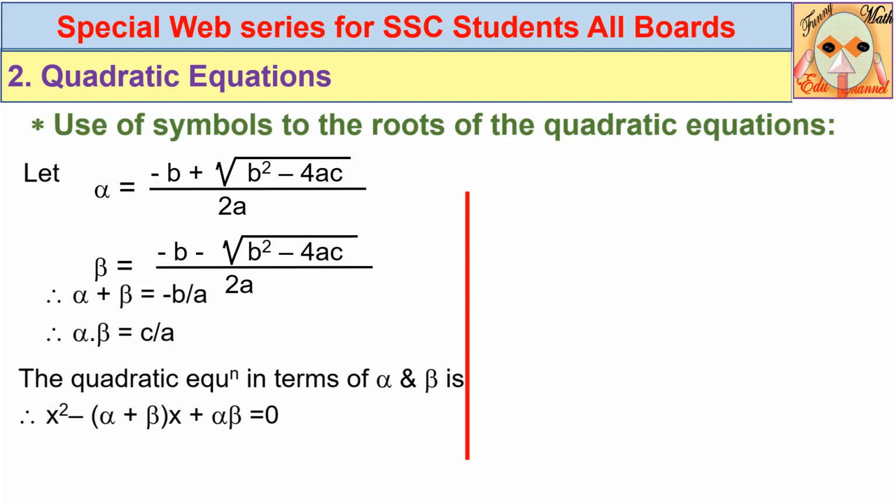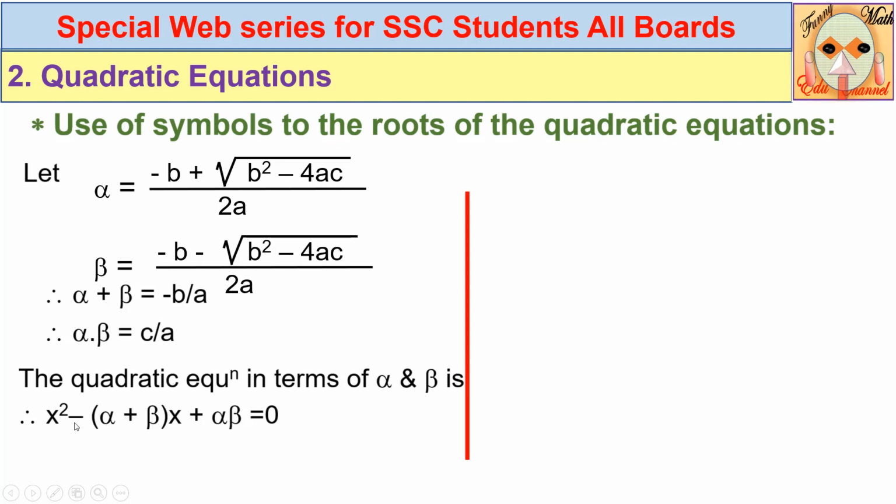Now we come again to the previous knowledge. As we learned in the factorization method, I told you that the constant term has to be split in such a way that its factors give the addition as the coefficient of the middle term. Already we have learned this.